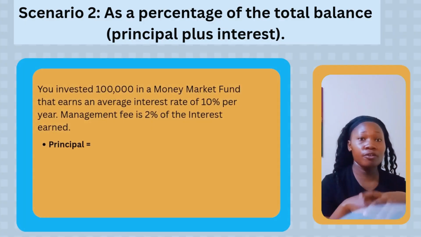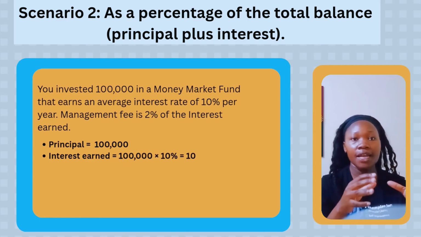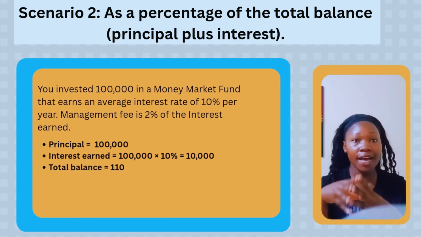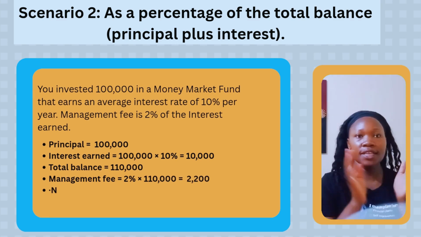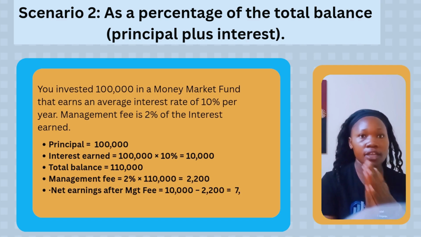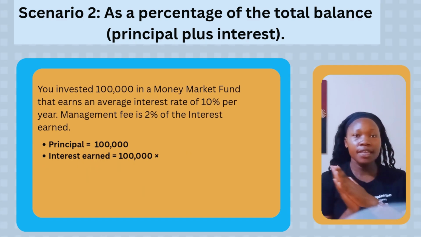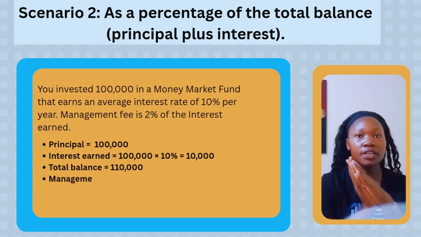Moving on to scenario number 2, as a percentage of the total balance, that is principal plus interest. If management fee is charged on the total balance, let's say the principal amount is the same 100,000, interest earned will be the same 10,000, your total balance will be 110,000.